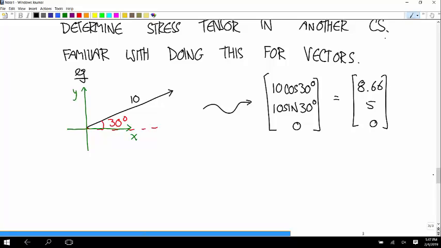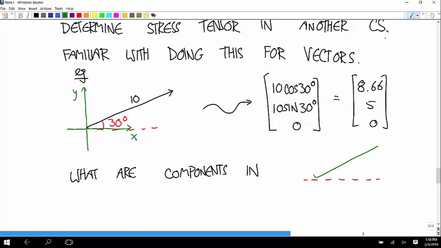But now we want to take that value in this coordinate system and answer the question, what are the components in a coordinate system where this angle is 30 degrees?